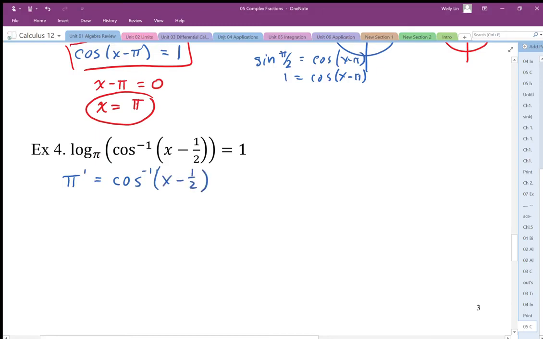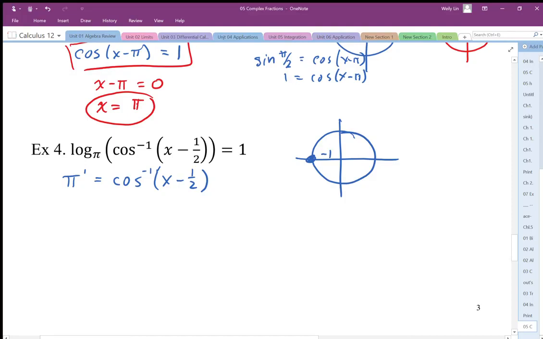If you're not comfortable seeing it that way, we can draw the picture. Here's pi. The angle is pi. The ratio is -1. We're talking about the cosine ratio.